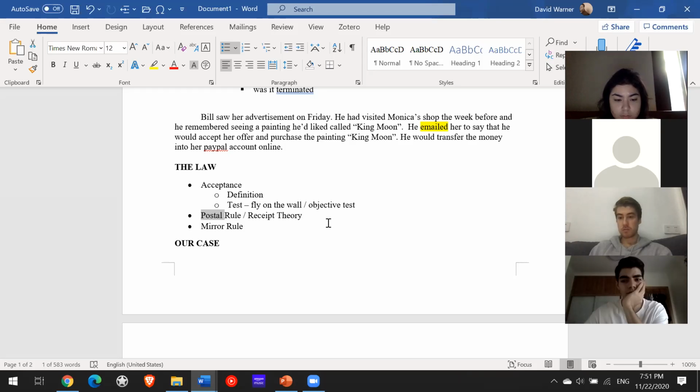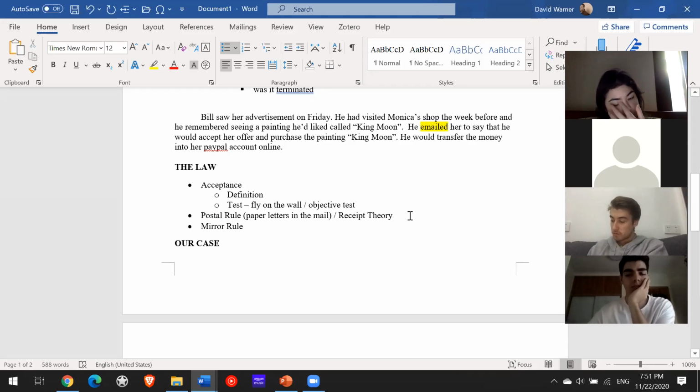Maybe something like not digital. Something that's pen and paper. Yes. The postal rule is only for paper letters in the mail, so it doesn't apply to this. The receipt theory applies to this, and you have to know what the receipt theory says. It says they don't have a contract until she receives this email.